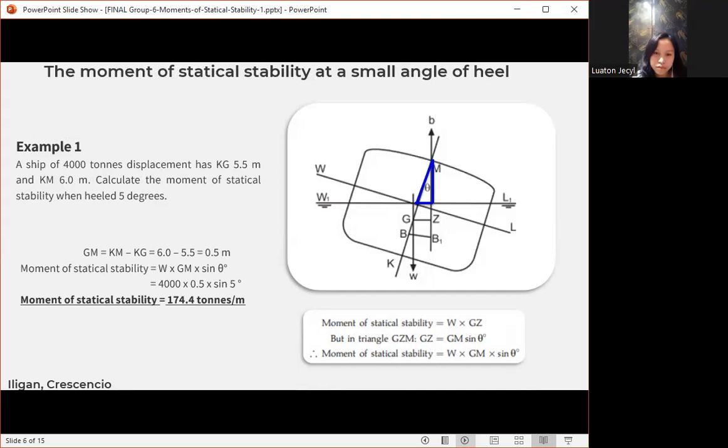Now we can find the moment of statical stability. The formula is displacement, or W, times GM times sine theta, or sine angle of heel. So distributing the given, 4,000 tons times 0.5 times sine 5 degrees gives our moment of statical stability equals 174.4 tons per meter.